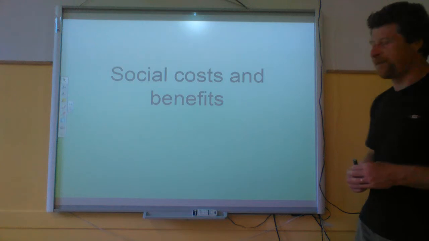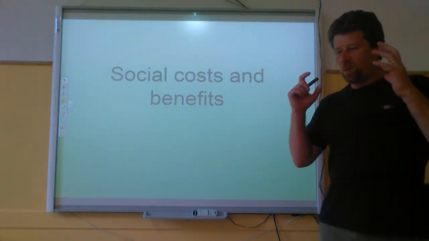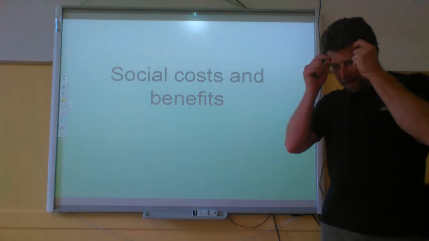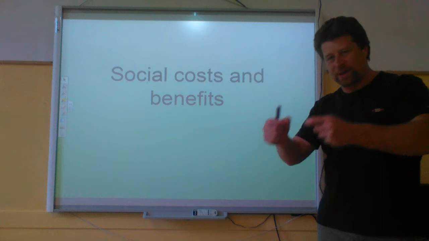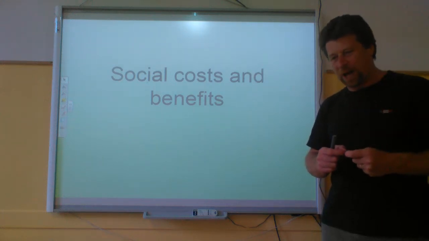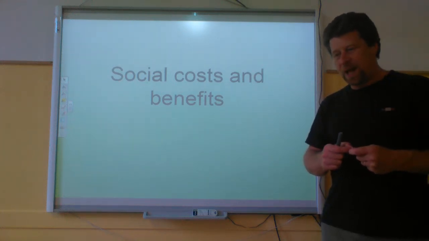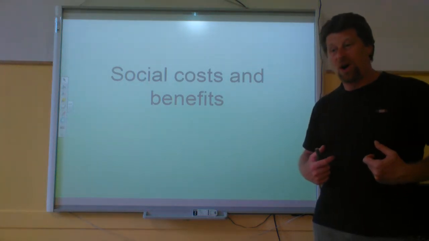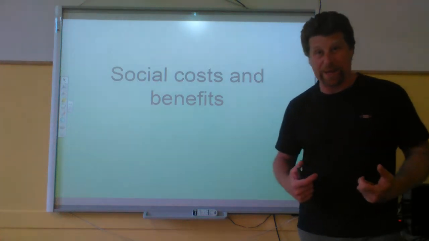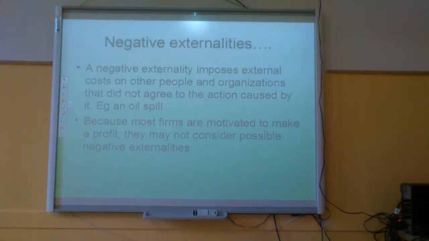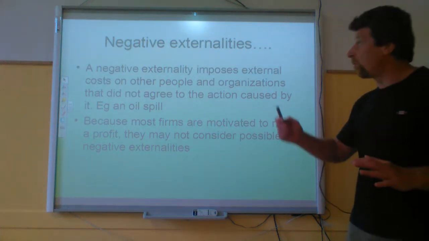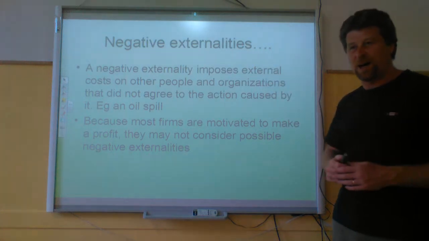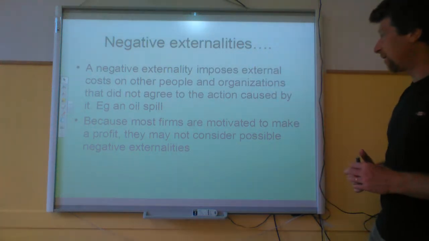Social costs and benefits. When we think about the activity in a market, obviously it has an impact on the customers and on the suppliers, on the businesses. But it also can have an impact, a consequence on those not involved in that economic activity. You can have what you call negative externalities. These are social costs, if you like.